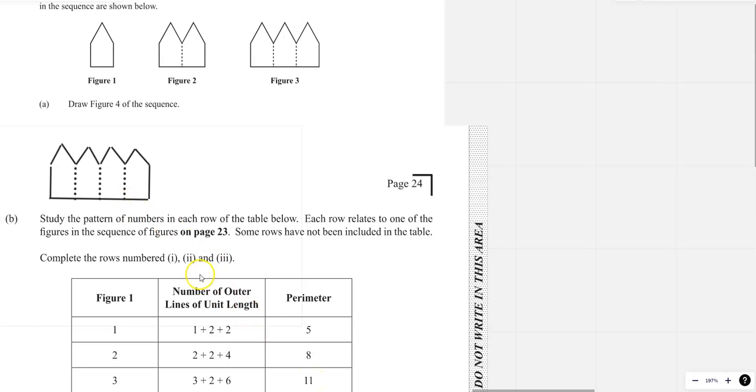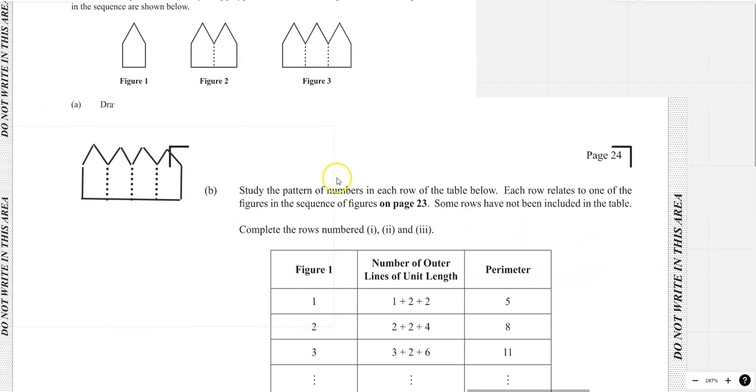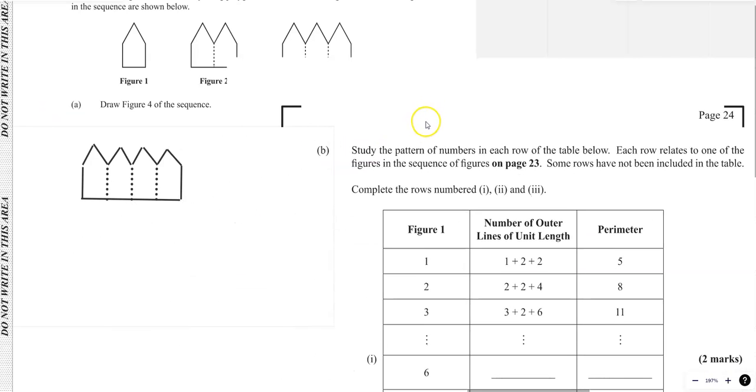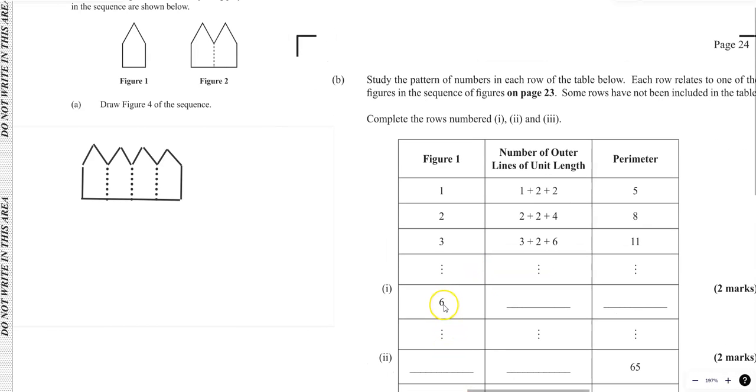So now you're required to complete part 1. Let's look at part 1 and see what that's all about. In part 1 you are required to complete the section with figure 6.